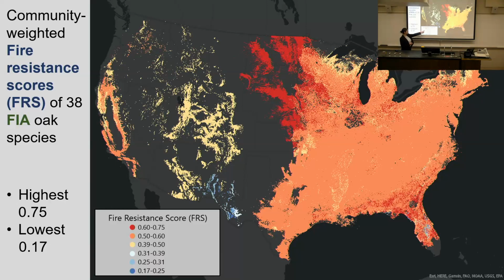But then these lower values shown in yellow, we see some yellow pockets scattered throughout the eastern United States, as well as California, with a notable section of lower fire resistance scores across the southwestern United States. And then lastly, the lighter blue areas of scores less than 0.31 or lower, we see a lot of that within the southwestern United States as well.